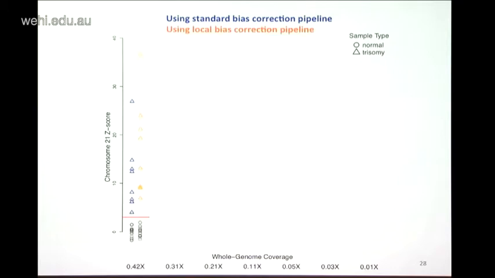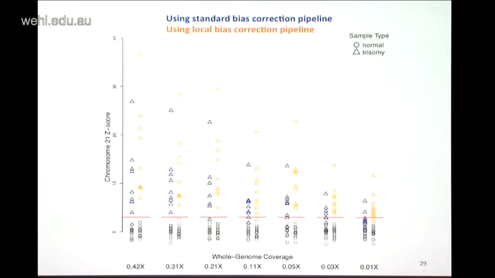When you look at the local bias correction pipeline, for the first starting coverage, we also detect all of the trisomies, but there is a higher discriminatory distance between the trisomies and the normals, which means we won't get samples at the boundary which can be misclassified.